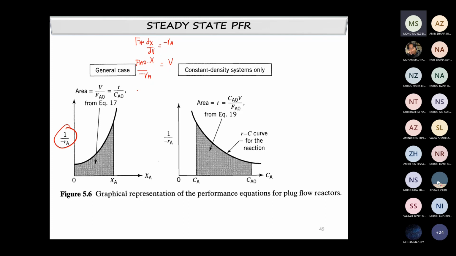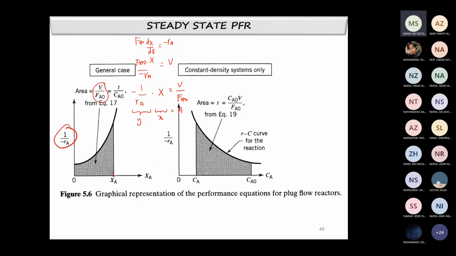So you will have, okay, break it down. Okay, so bring this down. So negative rA times X is equal to V over FA0. Okay, so this one is about the Y and this one is about the X, and this one will represent the area, which is A. Okay, A is this one.